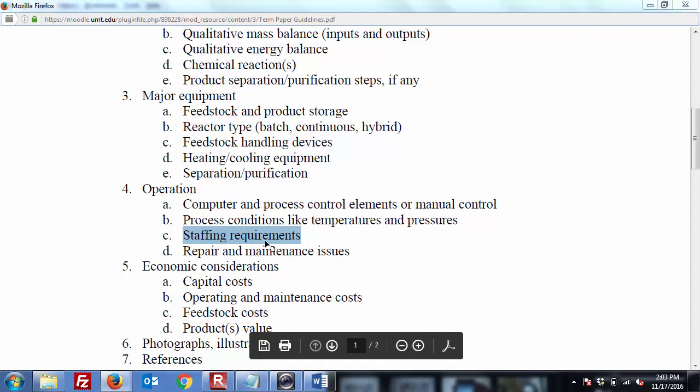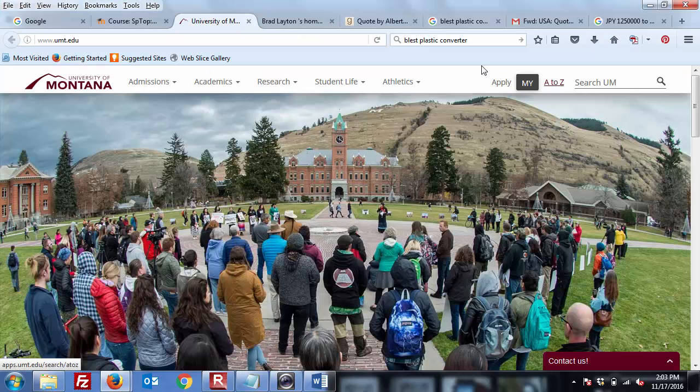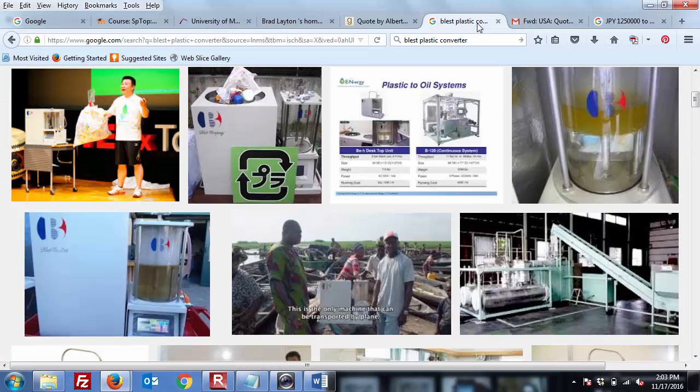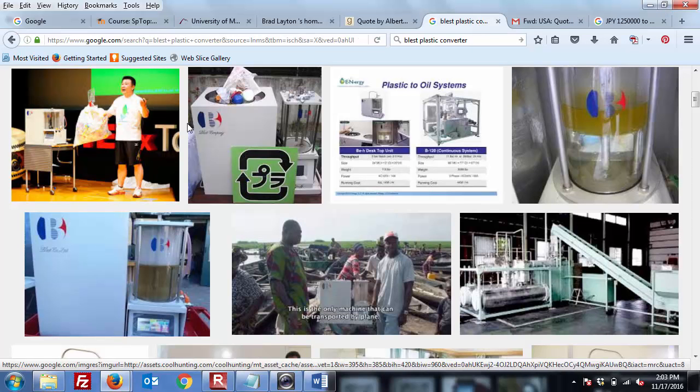So for example, this is a technology that we're looking at right now. It's a plastic waste to liquid fuel system. So here's a guy giving his TED talk showing that he can go from all this plastic waste into a fuel. This is typically a kerosene.